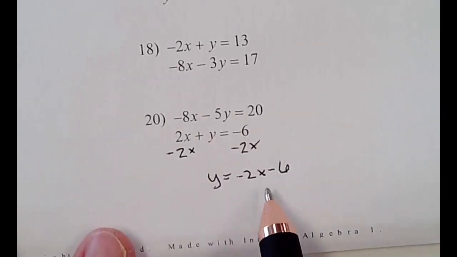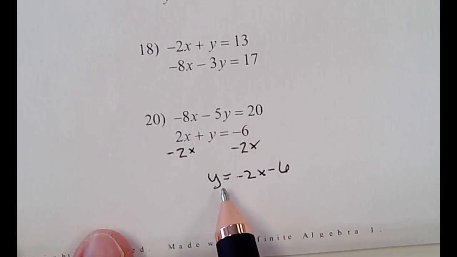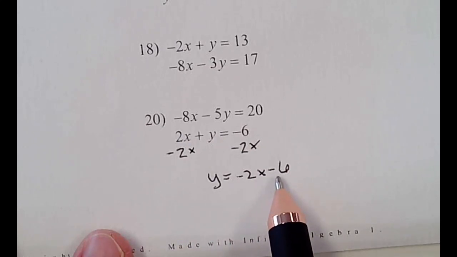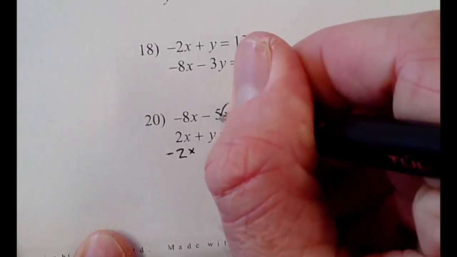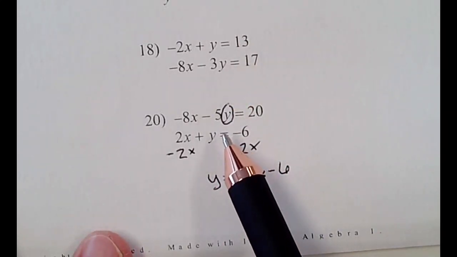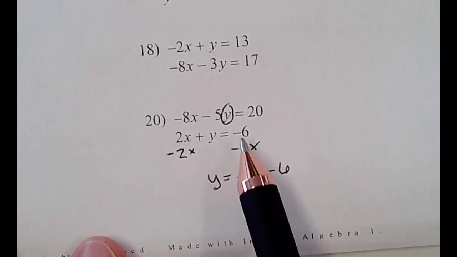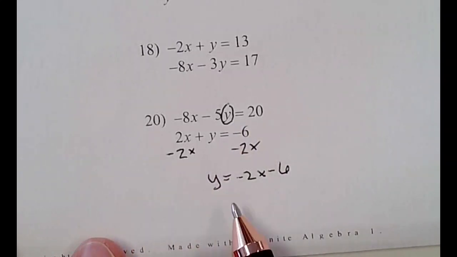So we had to solve for that. So we're going to take this and use it and plug it into this first equation here. Where do we plug in this negative 2x minus 6? Right there, into the y. Okay? Into the y. Not into the 5, into the y. Because that's what y is.